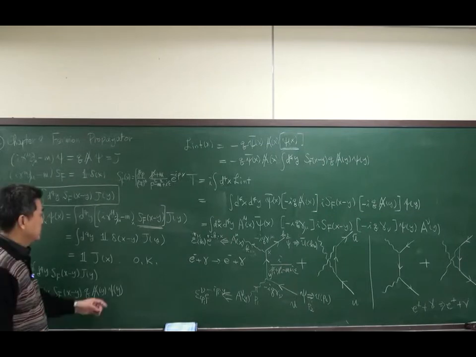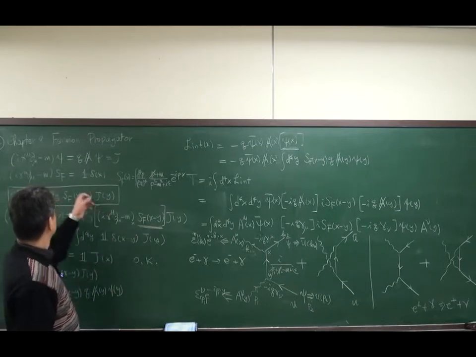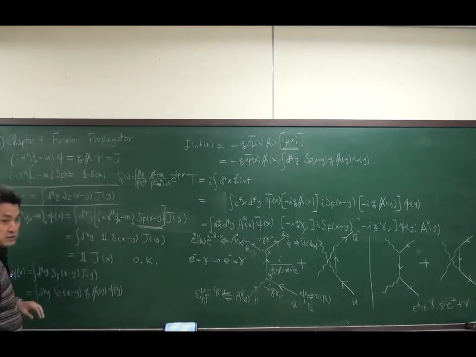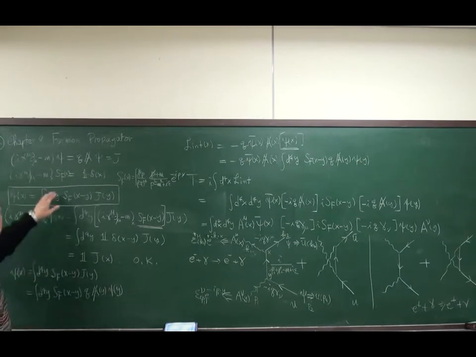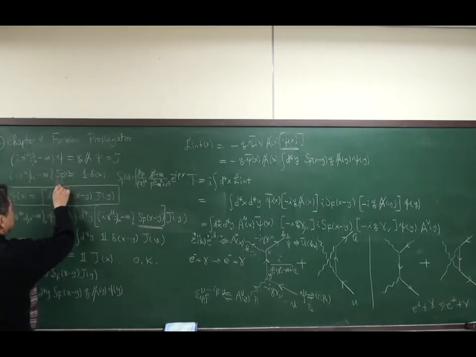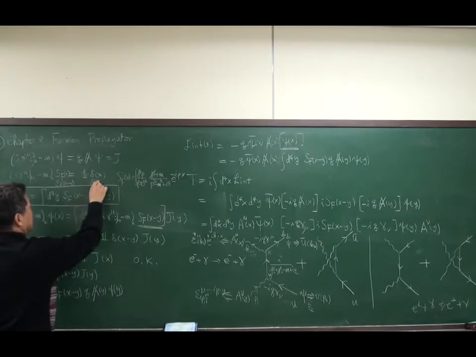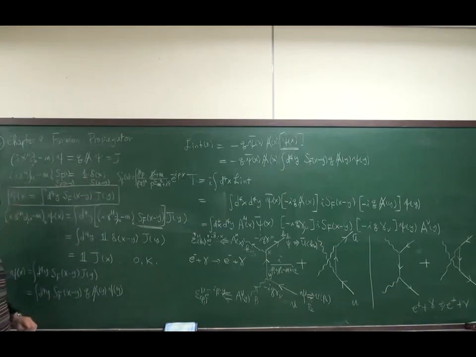And the derivative of this is, by definition, the delta function. If we make use of S_F(x minus y), then the result is delta(x minus y). Understand? With respect to x, y is just a constant, so we just shift the amount by y.